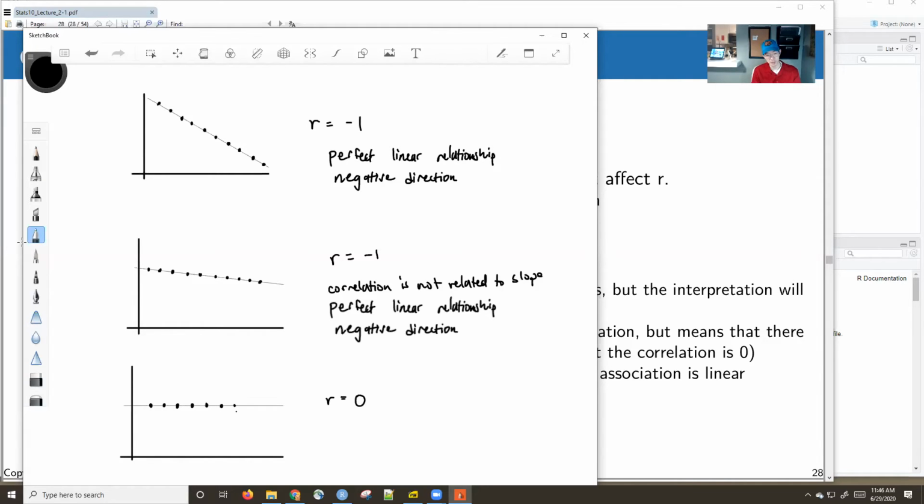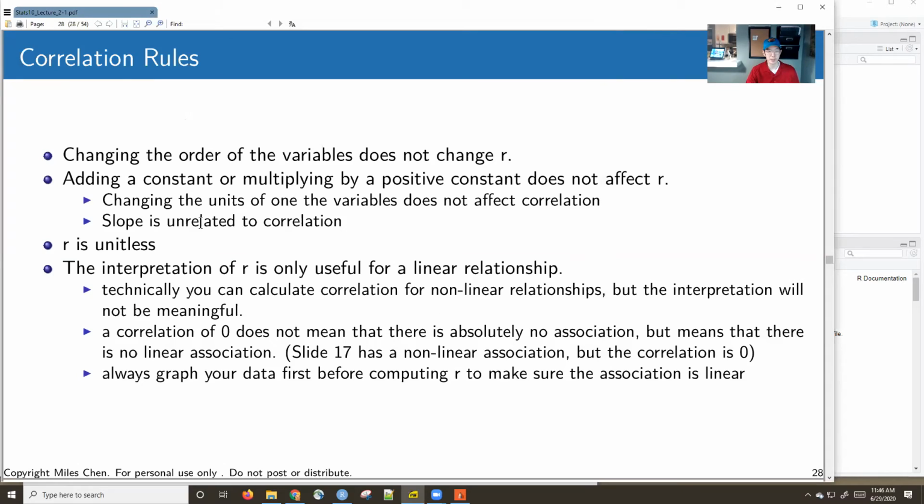As soon as it becomes flat, there's neither a positive nor a negative relationship, so here R is equal to 0. If your data lie in a straight line with negative slope, the correlation is -1, here it becomes 0, and as soon as it has a positive slope, the correlation becomes +1. So slope is unrelated to correlation.